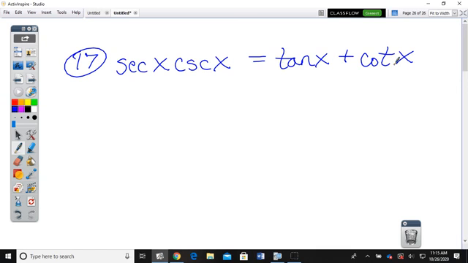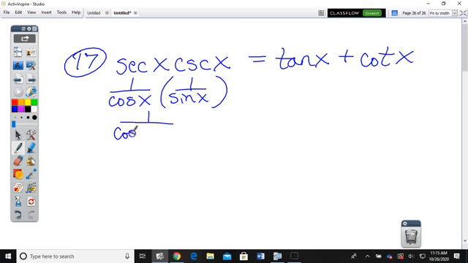We're probably going to have to work a little bit on both sides. Well, let's just start on the left side, it's easier to write. So secant is 1 over cosine, and cosecant is 1 over sine. So we just got 1 over cosine x sine x. That was quick and painless.